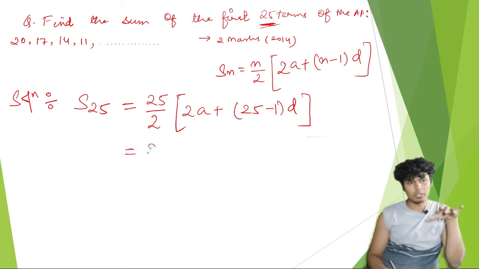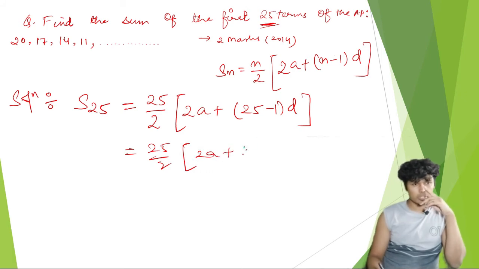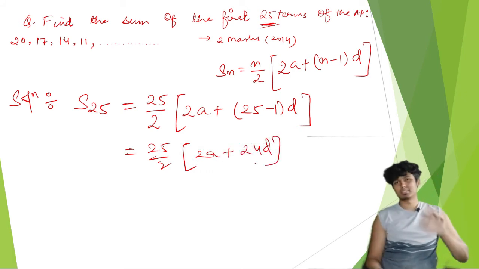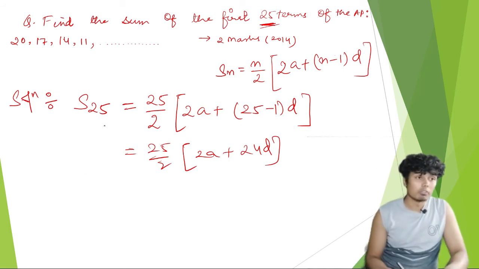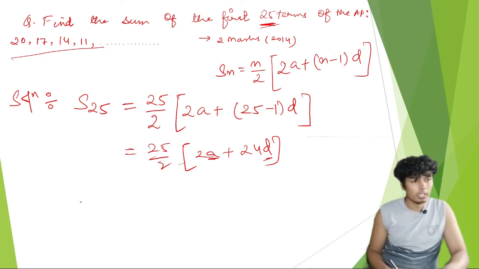So you can write 25 divided by 2, 2a plus (25 minus 1), 24 d. Write it down. So far it's okay. Now from this, 20, 17, 14, find the value of a and d, which you don't know. From here, the first term is a.